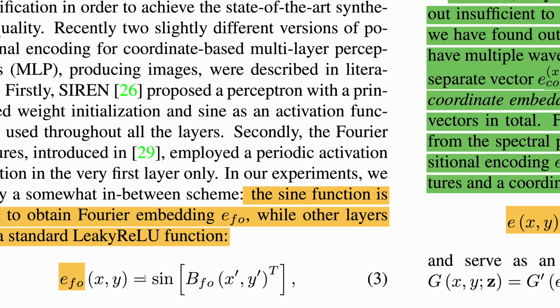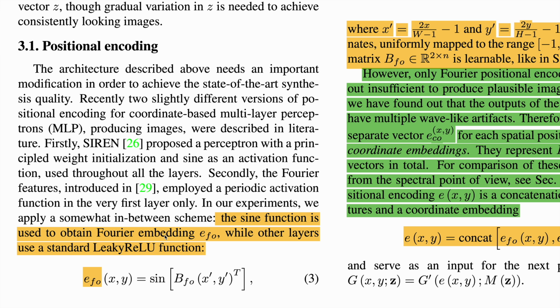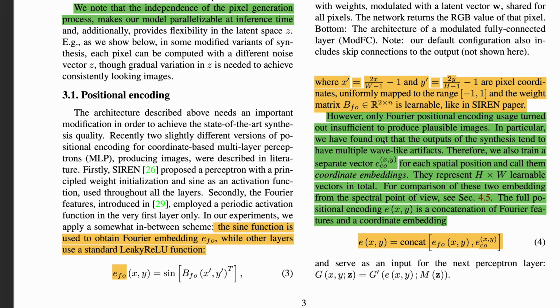So basically they use Fourier embeddings to map the coordinates x, y to a higher dimensional space. But they say it's inspired from the SIREN paper, a very interesting paper.